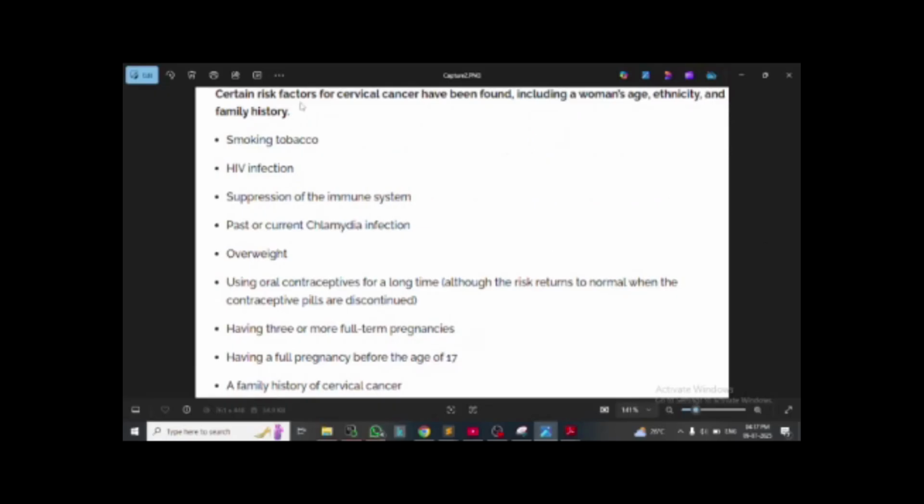Risk factors that have been found include a woman's age, ethnicity, family history, smoking tobacco, HIV infection, suppression of the immune system, past or current chlamydia infection, being overweight, using oral contraceptives for a long time, having three or more full-term pregnancies, having a full pregnancy before the age of 17, and a family history of cervical cancer.